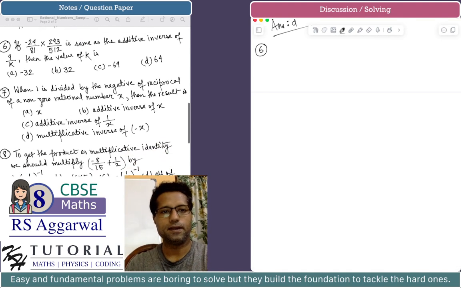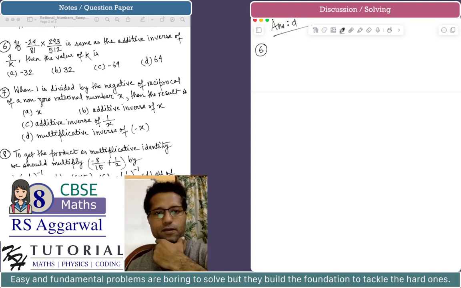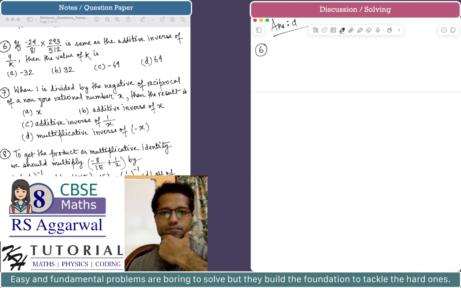It is said that minus 24 by 81 multiplied by 243 by 512 is the same as the additive inverse of 9 by k, then the value of k is. Okay.